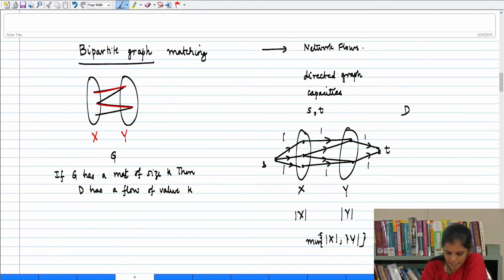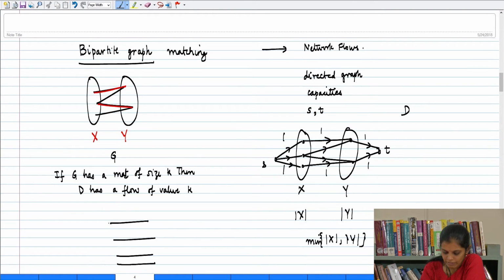Suppose you have a matching of size K, that means you must have these disjoint edges where K many edges are present in the bipartite graph G. How can you show me a flow function which is a valid flow function in the graph D and also has a value of K, right?